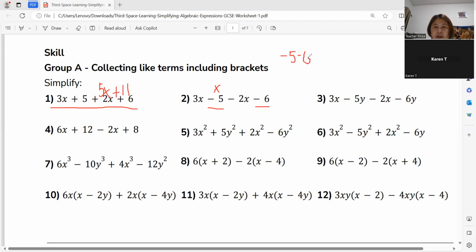The rule in subtracting negative: -11. Yes, it's -11. If both constant values are negative, add them together, then write the negative sign. So it's x minus 11. Number 3.